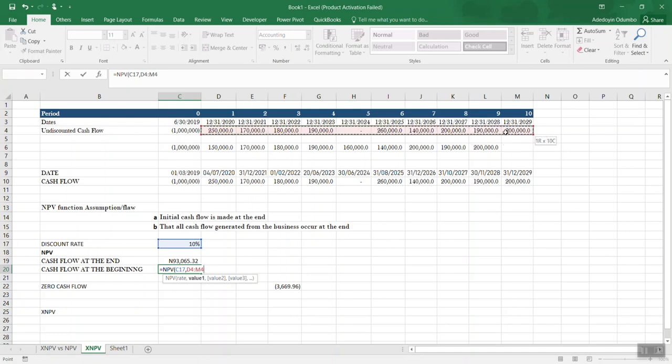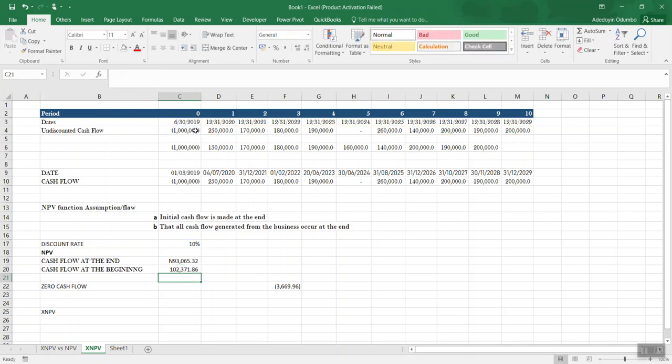I will close this bracket, and now add my initial cash flow to it. In this case, it was actually assumed that my initial cash flow occurs at the beginning, so I need to add my initial cash flow back to my NPV. Okay, so that is one.